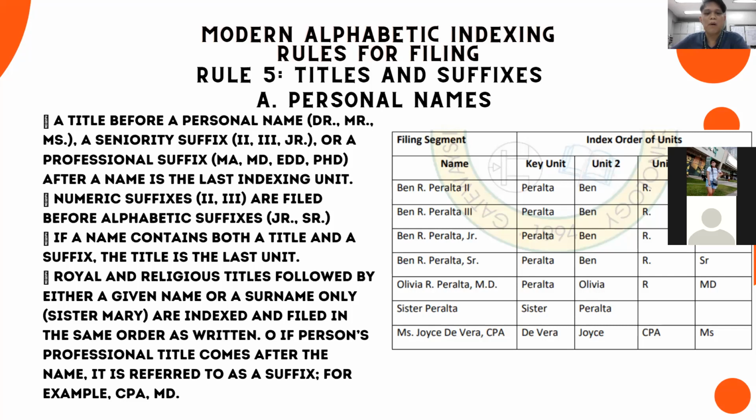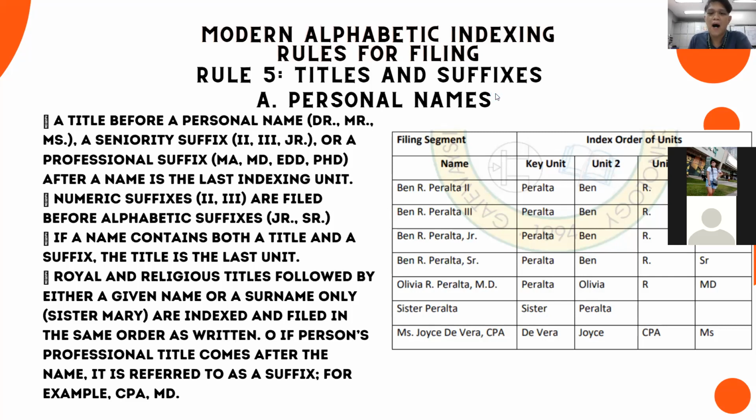If a name contains both a title and a suffix, the title is the last unit. Royal and religious titles followed by a given name or surname only, like Sister Mary, are indexed in the same order as written. If the professional title comes after the name, it is treated as a suffix, for example CPA or MD. Here is our filing segment.